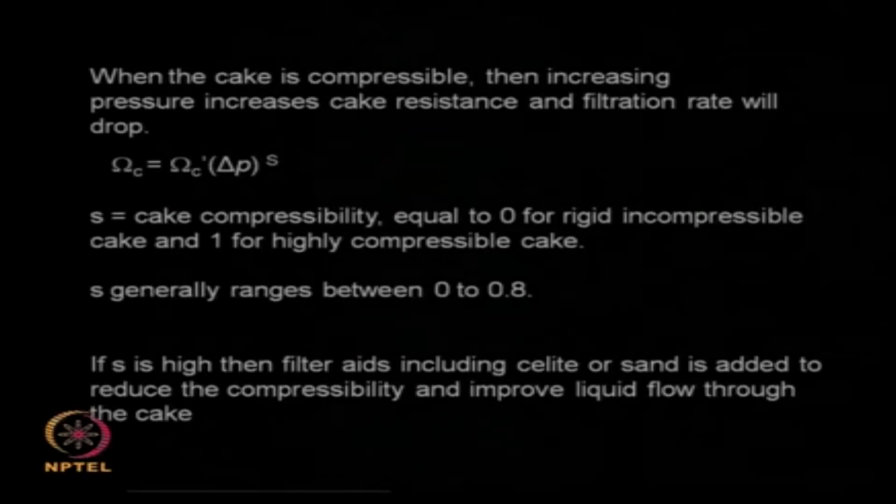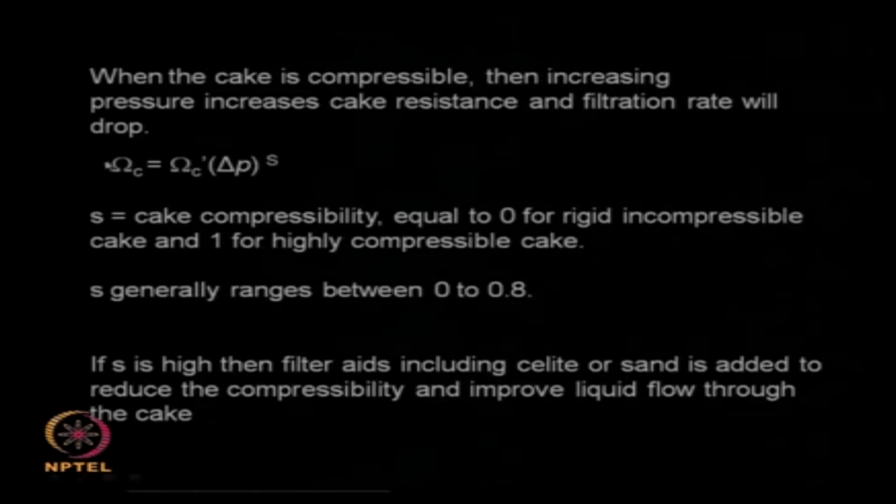Okay, now if the cake is compressible, previously we assumed that the cake is incompressible, but if you assume that the cake is compressible, then as we increase the pressure the resistance also increases because the material gets compacted.